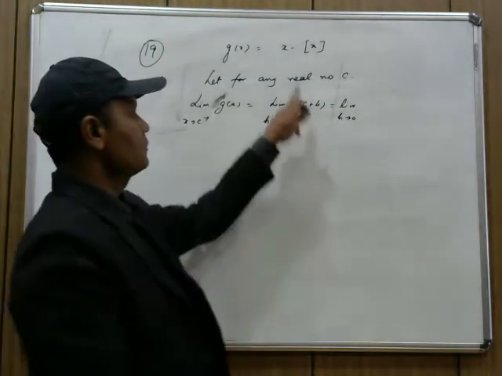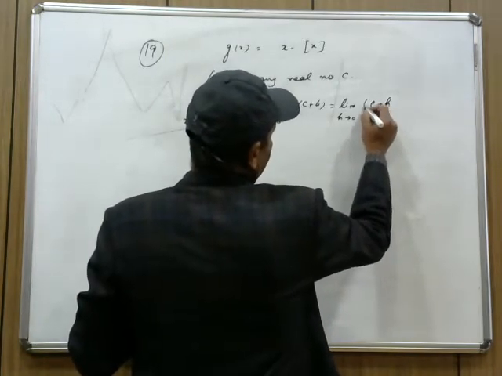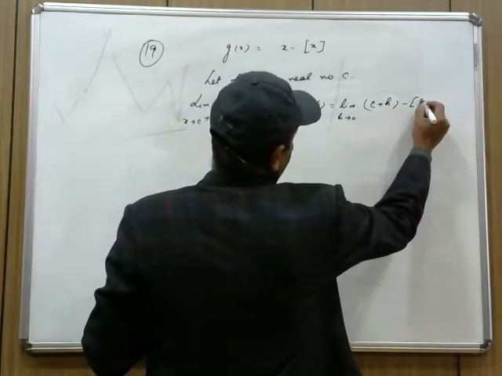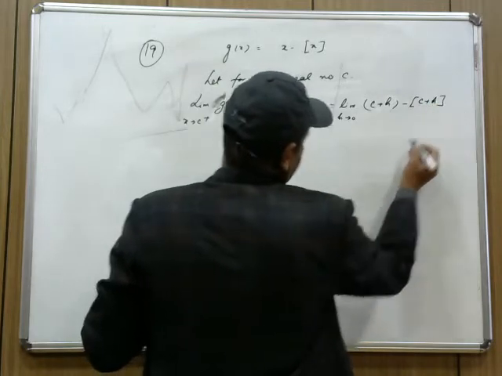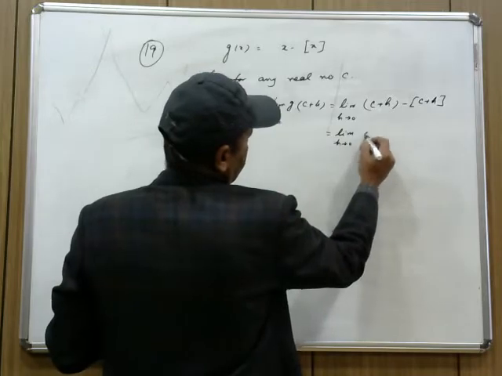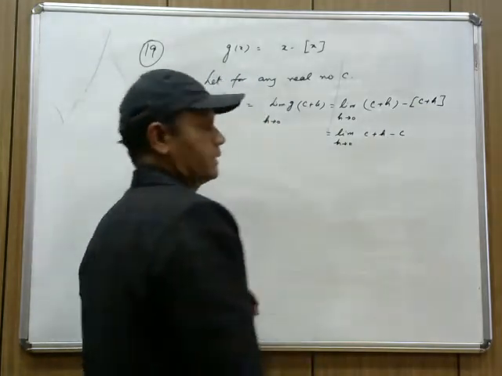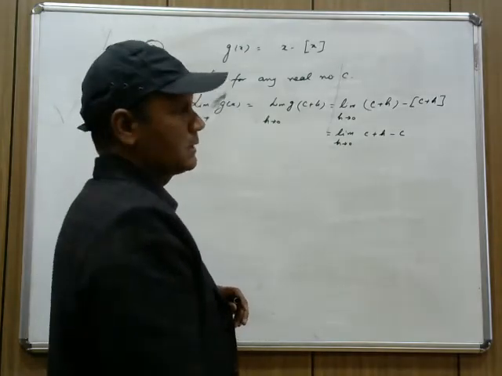When I write here c plus h, what will I get now? c plus h minus greatest integer function of c plus h. This will give you limit h tends to 0 of c plus h minus c. The greatest integer of c plus h is equal to c.